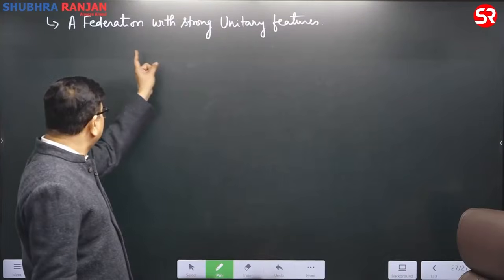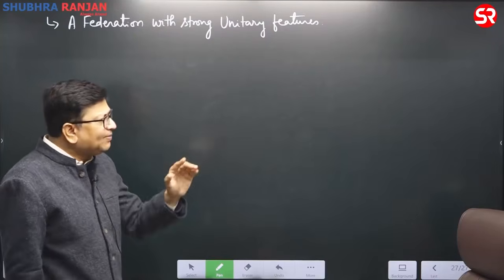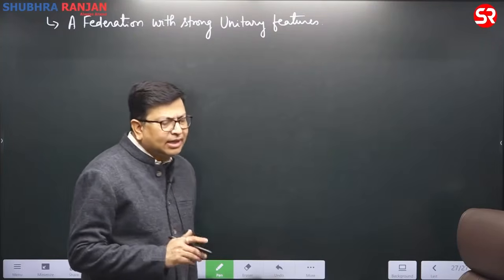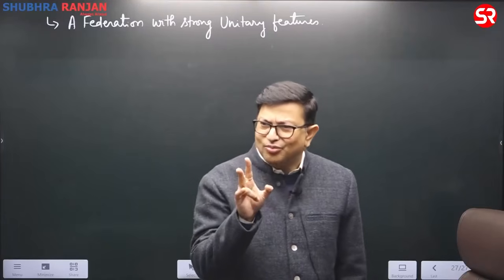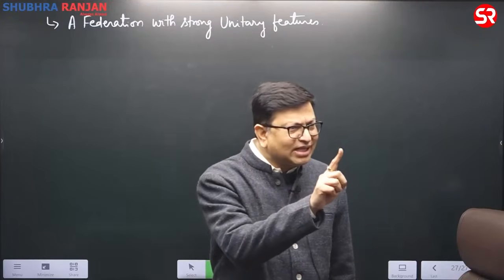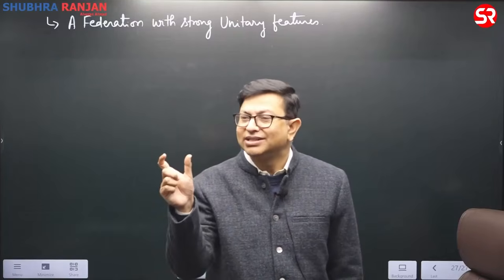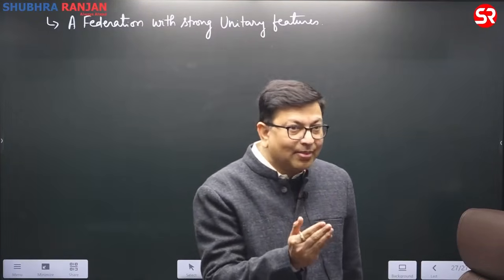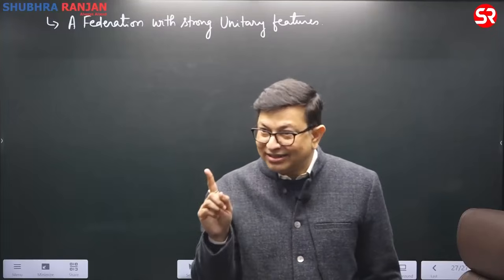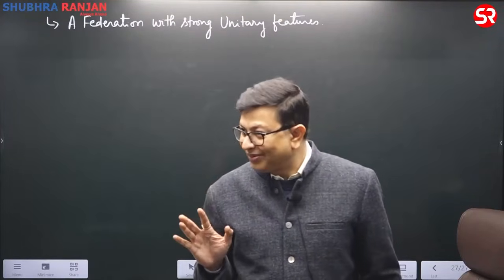Now, coming to this aspect, a federation with a strong... Before this, let me tell you one more thing: in some of the countries there is a combination of both parliamentary system as well as presidential system. That is termed as quasi-presidential system. And quasi-presidential system is there in France, in Russia, as well as in Sri Lanka also.